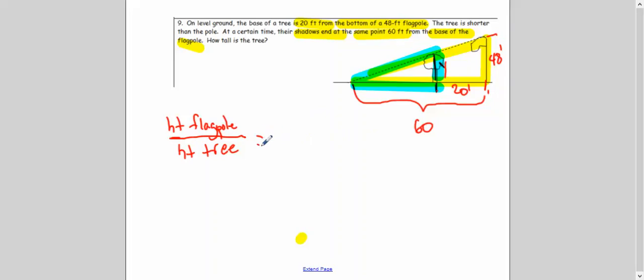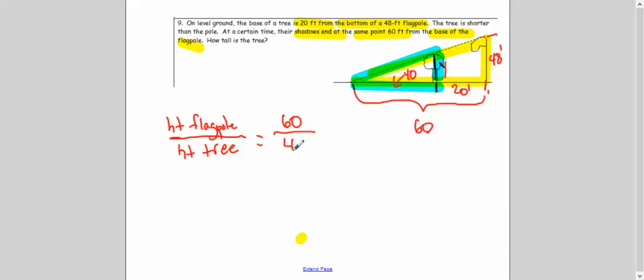And that's going to equal the overall distance to the shadow. So if we're going the big triangle first, because that's what we have here, that's going to be 60 on top. Now, we're not talking about this 20 feet here. We need this distance. But we know if it's 60 and this is 20, this has to be 40.